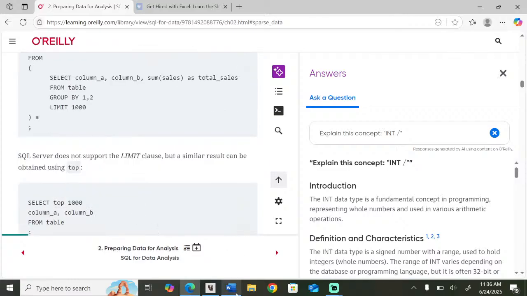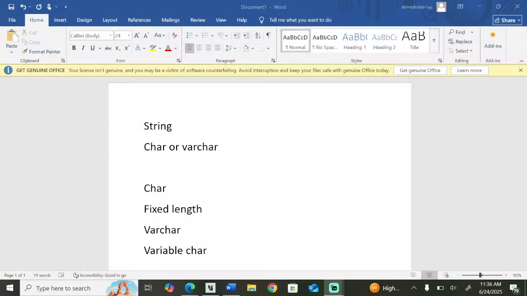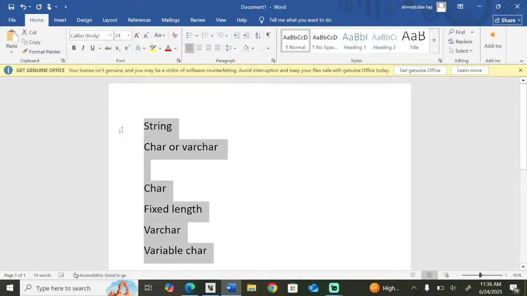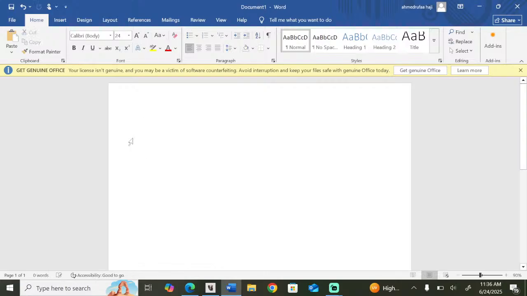Let's open our WordPad. I keep forgetting this. We're going to talk about these keys.